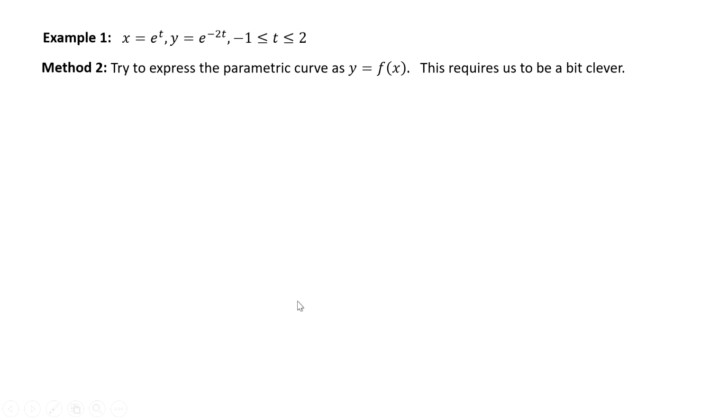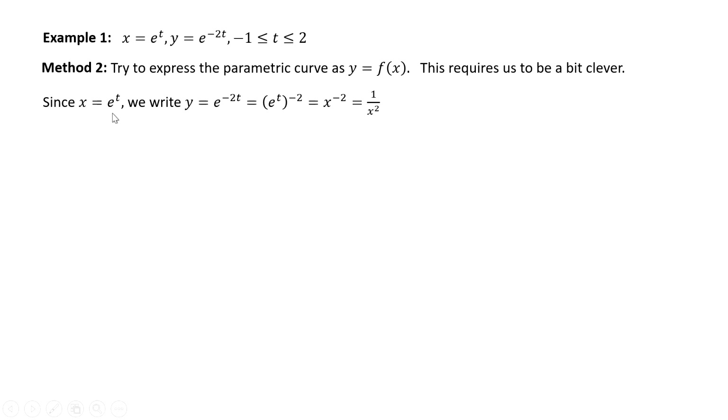Well, sometimes, not always, sometimes it is possible to represent this parametric curve as some y equals f of x. Okay, how can we do that? Check this out. X equals e to the t, and so y is e to the negative 2t, right?